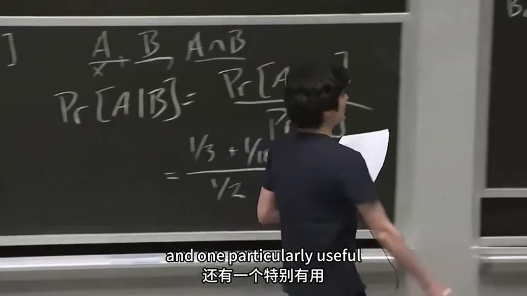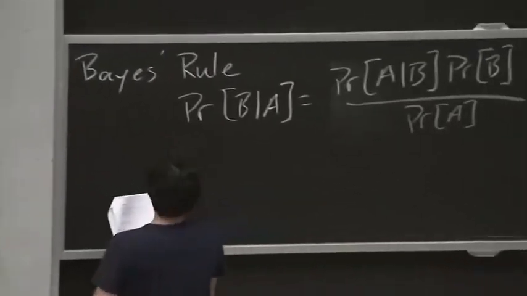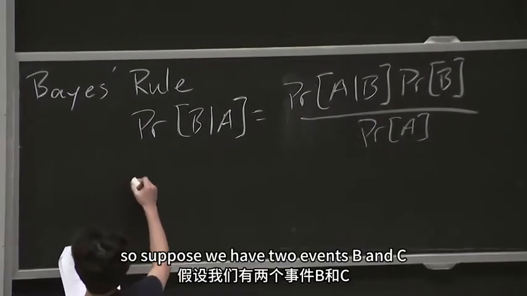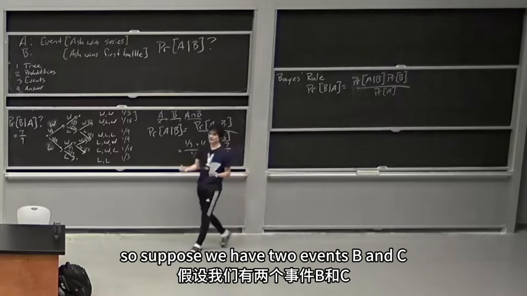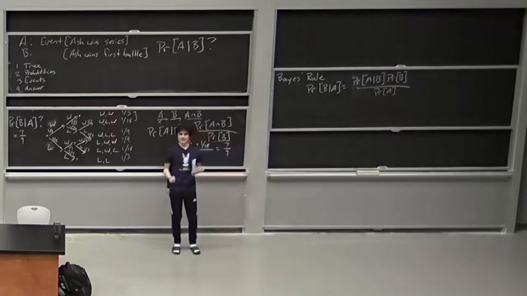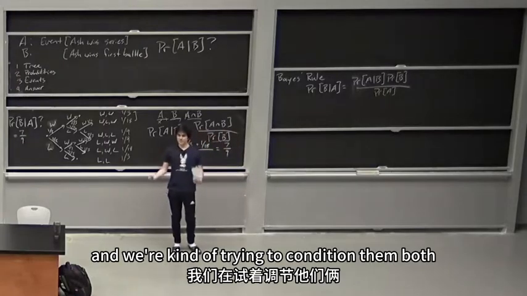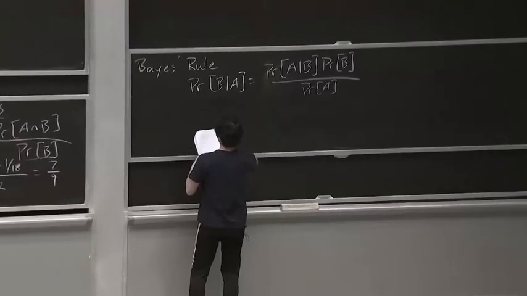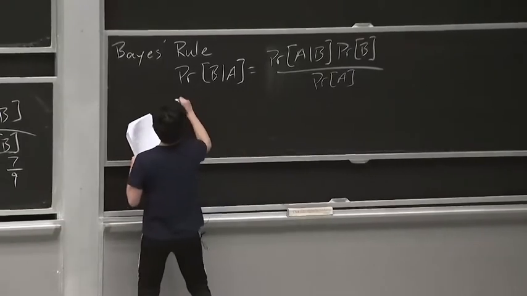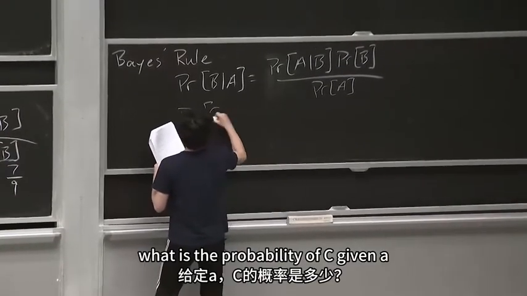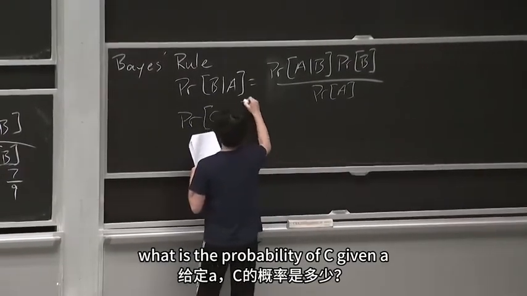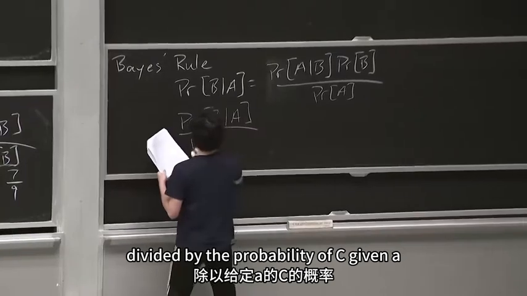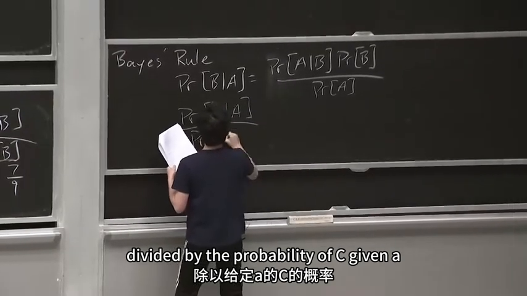And one particularly useful consequence of this is the following. Suppose we have two events, B and C, and we're trying to condition them both on the same event A. Okay? So what is the probability of B given A, divided by the probability of C given A?